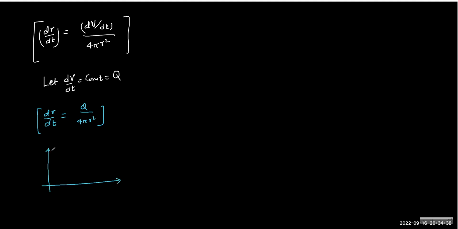So keeping the rate of inflation constant, if I keep the pumping constant, the amount of air I'm putting inside is constant. What you can realize is that the radius will not grow as fast as it grows in the beginning, rather it will decay like this. Now this is the graph of 1 by r square.